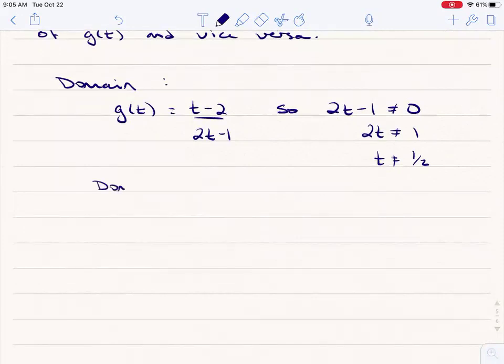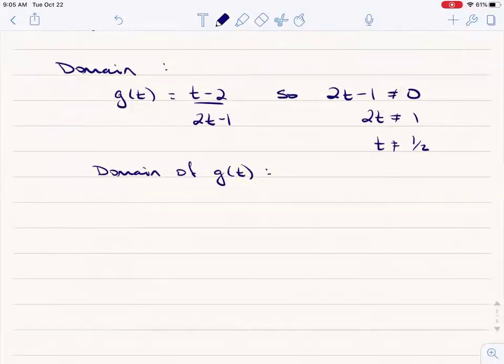So the domain of g of t, in interval notation, is from negative infinity up to 1/2, not including 1/2, and then starting back up at 1/2 up to infinity. All other values are a go.